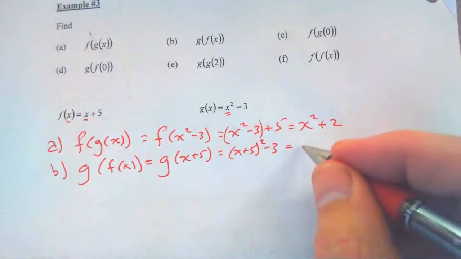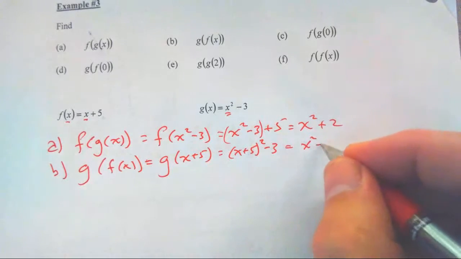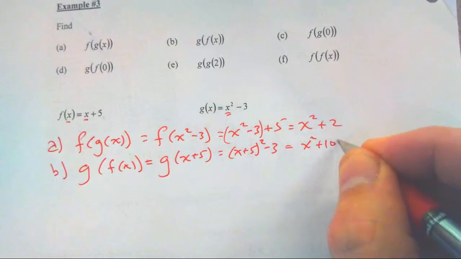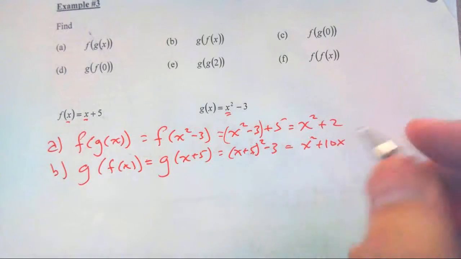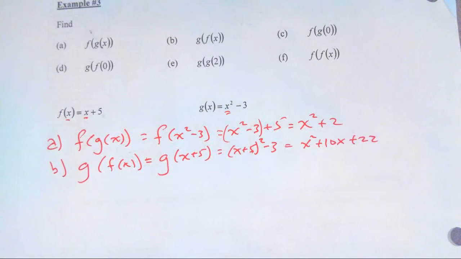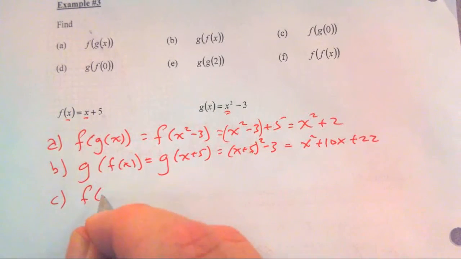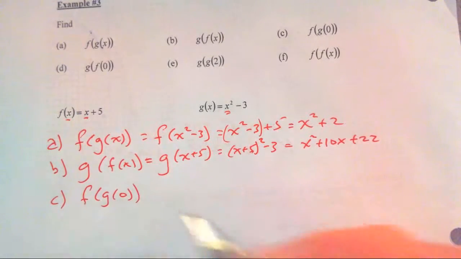FOIL, x squared, I get plus 5x's, plus 5x's, plus 10x's. I get a 25 minus 3, plus 22. Okay.